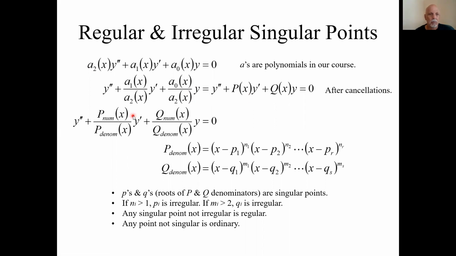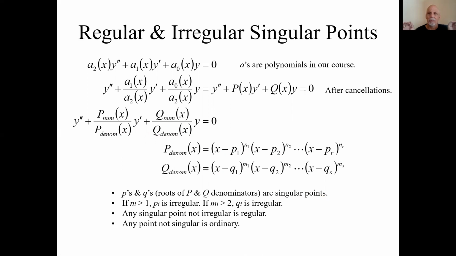So you'll have a numerator as a polynomial in x and a denominator as a polynomial in x. And we really get the singular points from these denominators. Since they're polynomials, they can be factored. And the roots of those denominators, all the roots of both of these denominators, P and Q, those are the singular points. Okay, we already knew that.